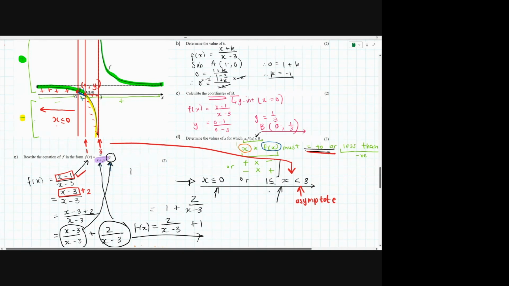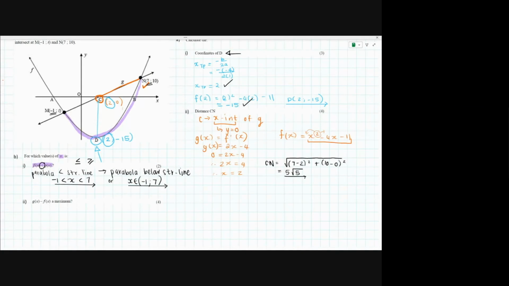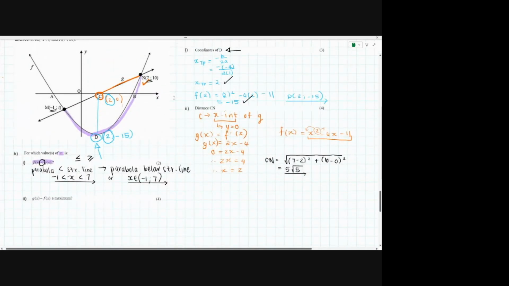The only time you won't include it when there is an equal sign is if there's an asymptote like we had here. But always go back to your original inequality. Because this inequality didn't have the equal sign, I don't include them. But if it had been less than or equal to, then I would put the equal sign with my inequality, or I would use square brackets if I was going to use the bracket form of my answer. But that's how you tell. Go back to the original.